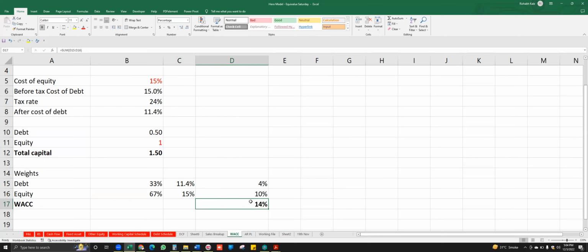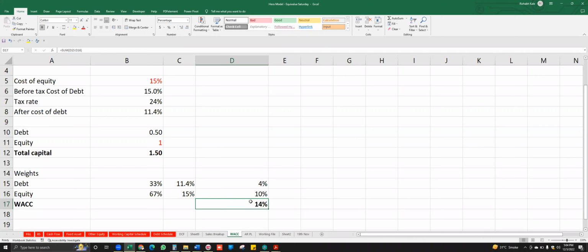If I take more of a loan which is at cheap cost, what will happen to my overall cost of capital? WACC will decrease, no? Because you are taking a cheaper loan. So now WACC will come down, right, guys?